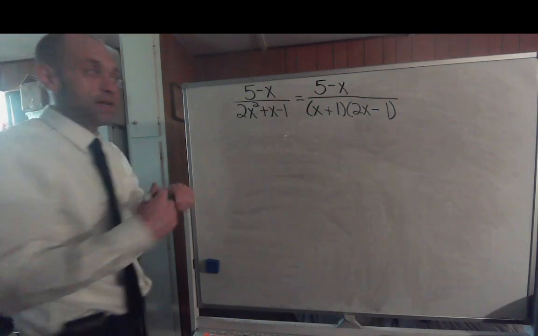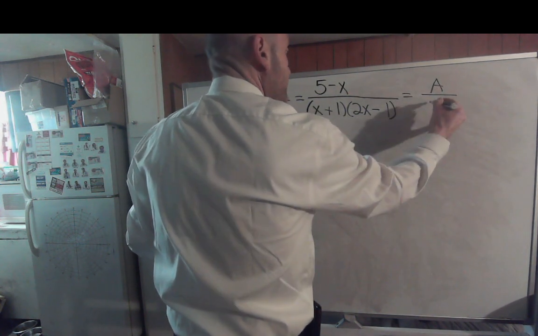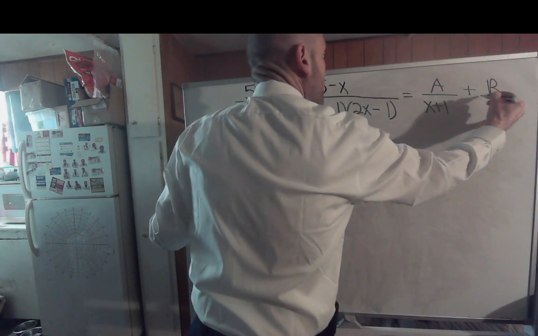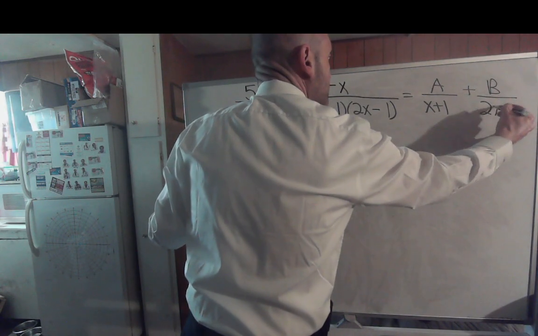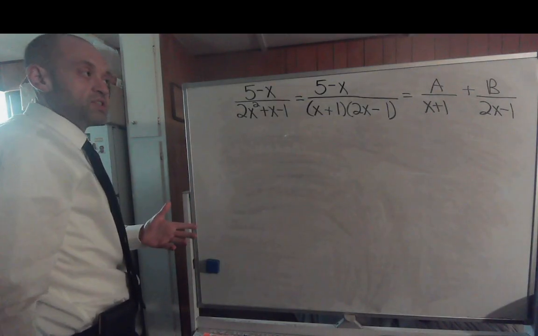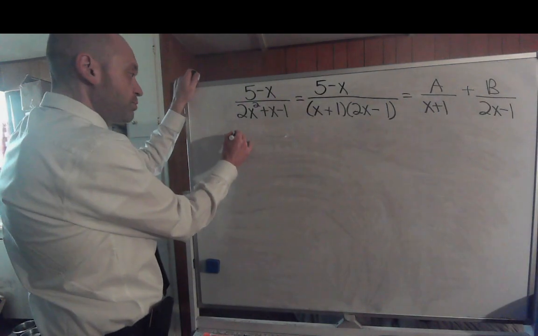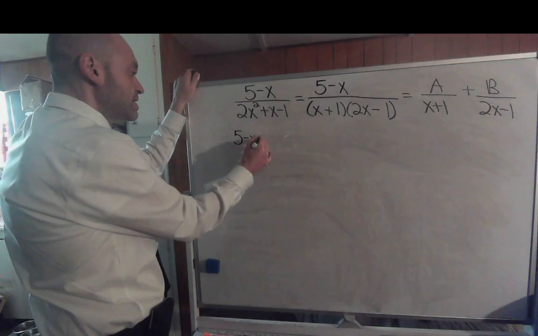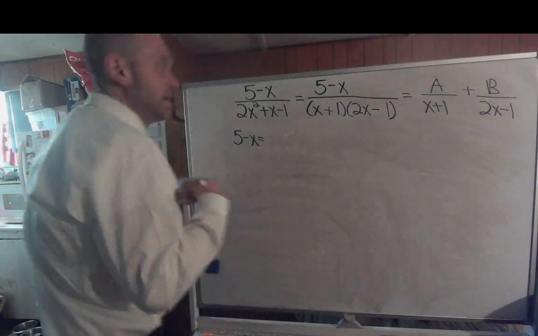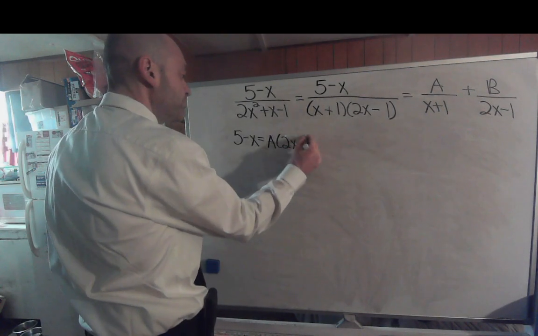Well, we can separate this into a over your first factor of x plus 1 plus b over your factor of 2x minus 1. Now, of course, again, the goal is the same. Multiply both sides here by your common denominator. You'll end up with 5 minus x is equal to, if you multiply the first term by the common denominator, that's going to be a times 2x minus 1.